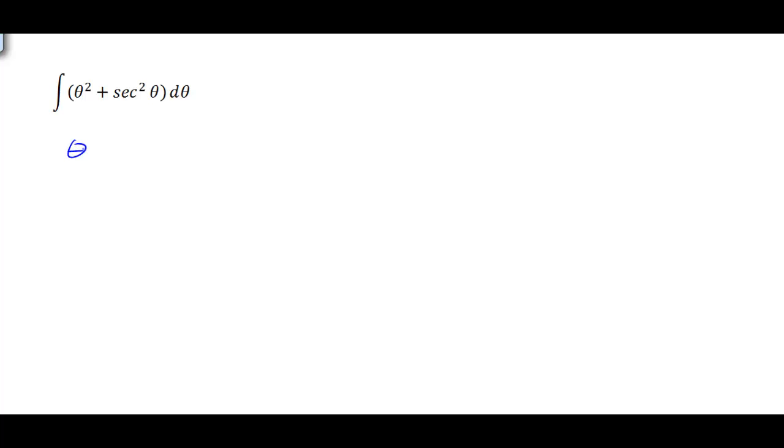So we would have theta squared, so we increase the exponent by 1, and we get theta cubed over 3. And secant squared, well, if you look at your formulas for the integral of secant squared, we're in luck because the integral of secant squared happens to be simply the tangent of theta. And then, of course, we must add our plus c.